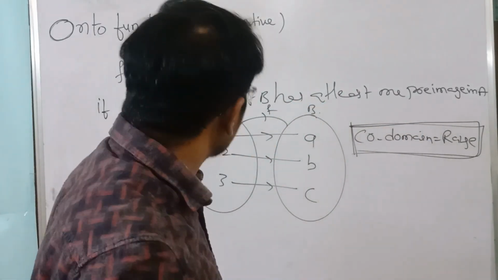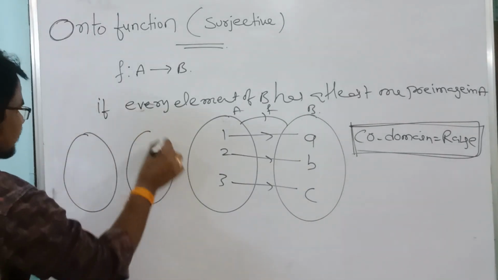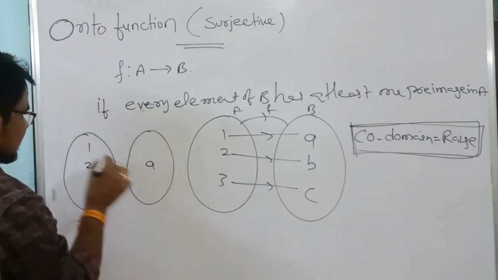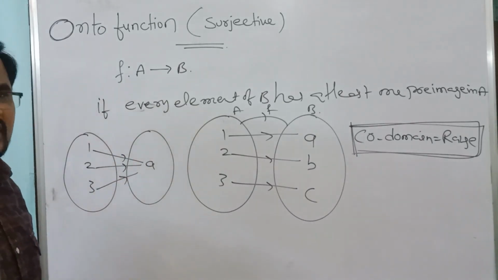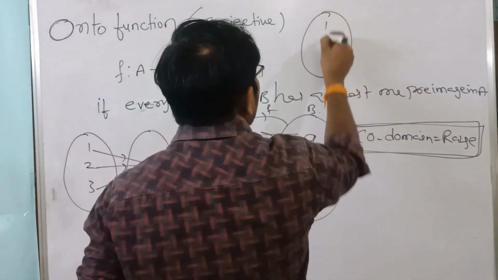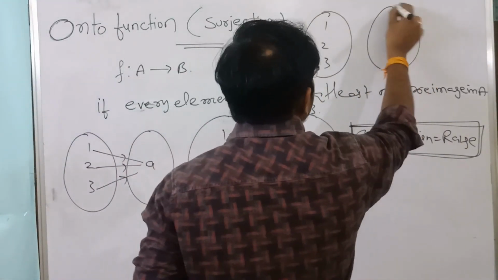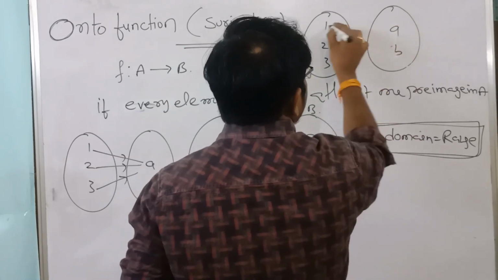Right? Now take one more example. Suppose if you take like this, here 1, 2, 3 is there, here a is there. This is also a one-one function. And take one more example. 1, 2, 3. Here 2, a, b.